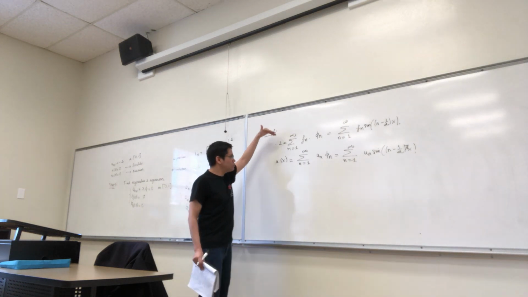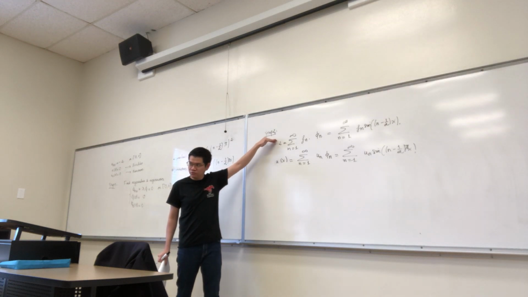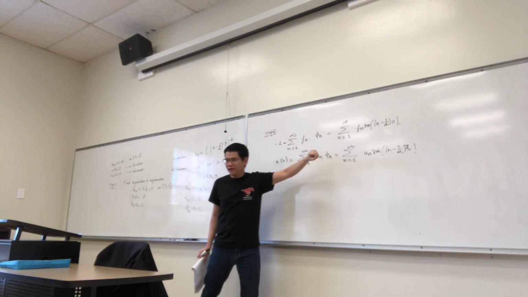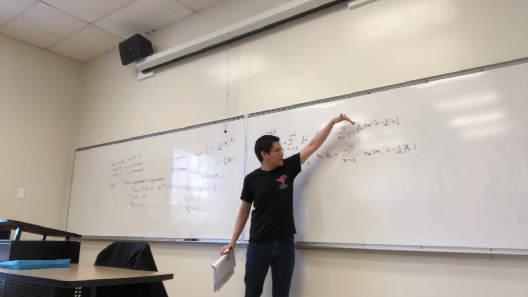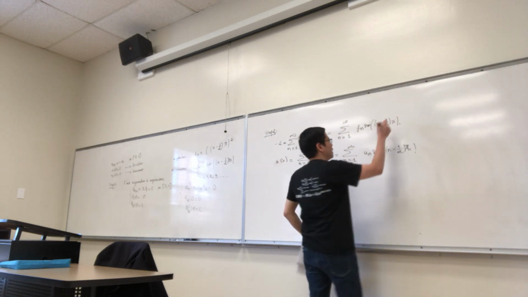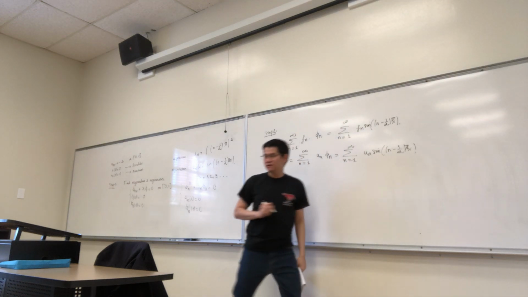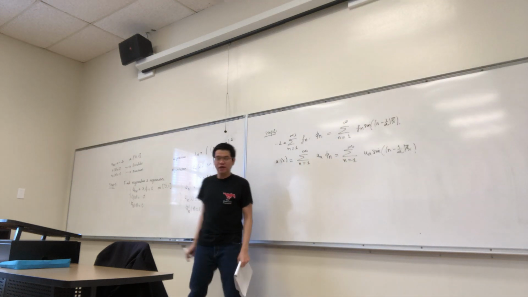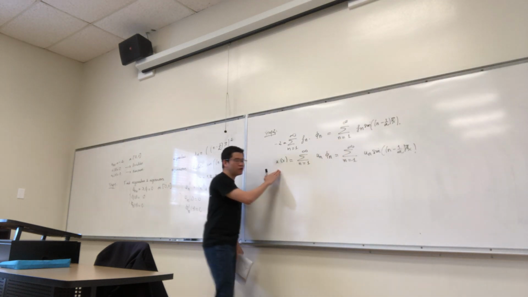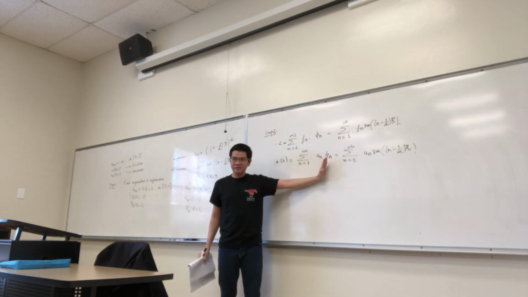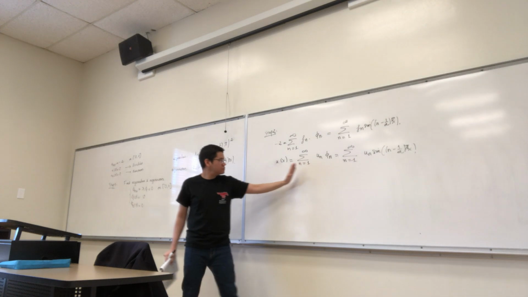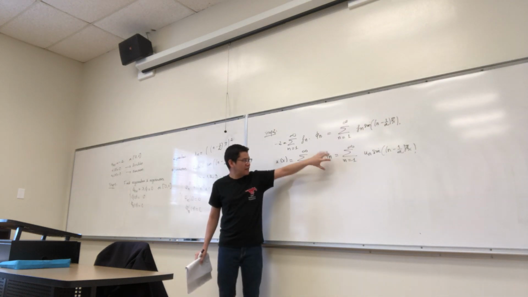Because they're the basis, you can expand the source -2 in terms of phi n, all right? So you're going to have fn times phi n, which is like fn sine of (n minus 1/2) pi x, right? So fn are all of the coefficients. And un, so now you're going to expand u in terms of all of the basis phi n, all right? So u of x will be the sum of un phi n.